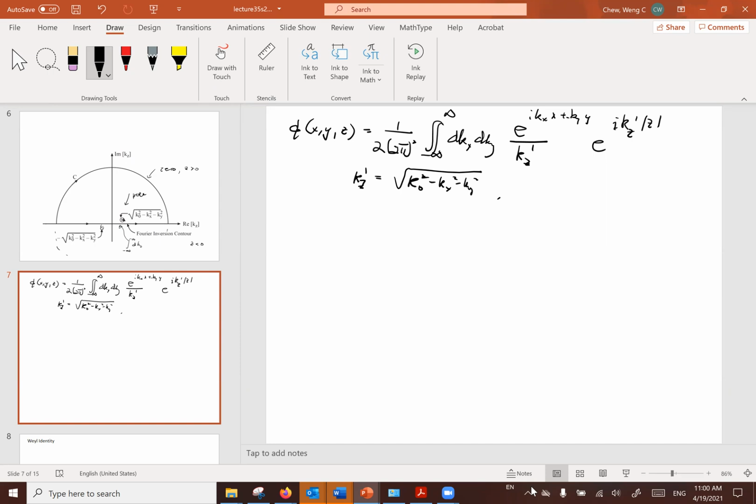If I perform the integral using Cauchy integration technique, I'll arrive at this two-dimensional integral. The two-dimensional integral has a new kz prime.